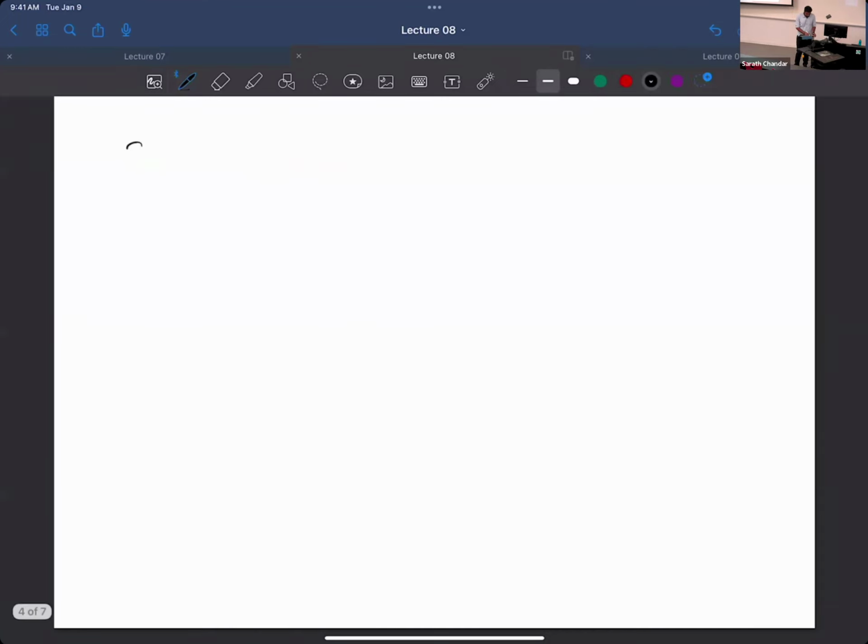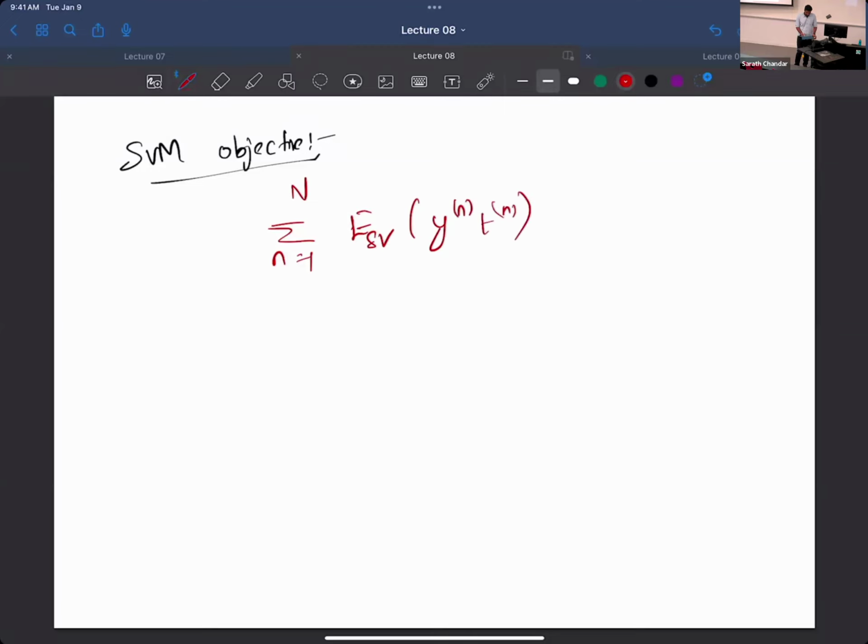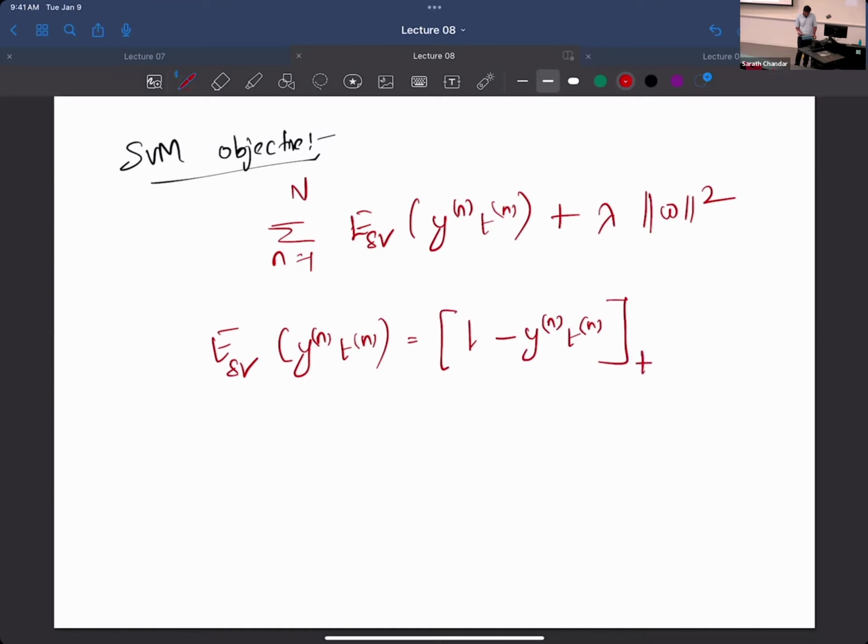So the SVM objective function can be written as summation n equal to 1 to capital N of the error function, which takes y of n t of n, plus lambda times this, where E_SV of y of n t of n is given as 1 minus y of n t of n, plus.